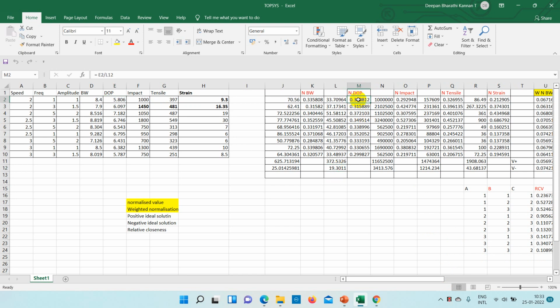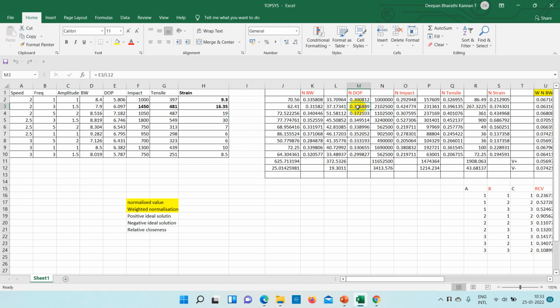You can see here E2 divided by L12, that is what is mentioned. E2 is nothing but 5.8 divided by L12. L12 is nothing but 19.3. Okay, so likewise for the second one, 6.097 divided by 19.3. That will give this 0.31 value. You can see here E3 divided by L12.